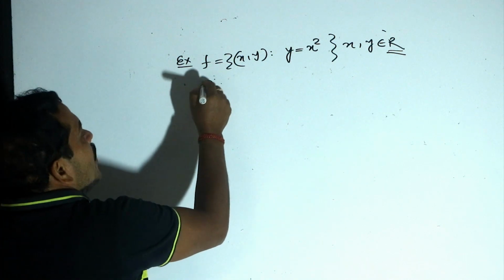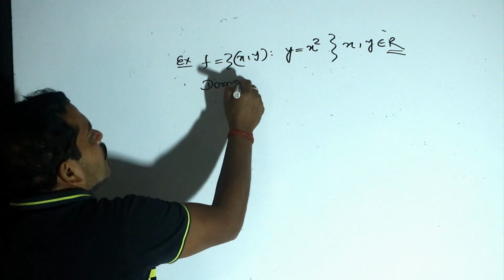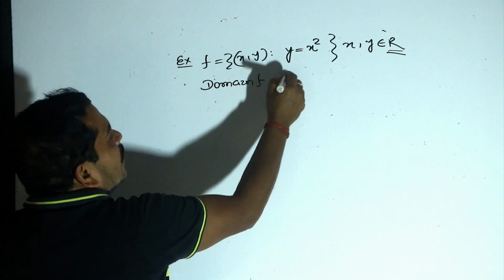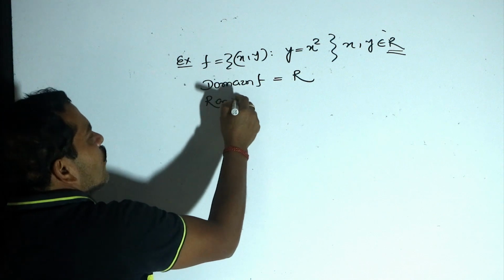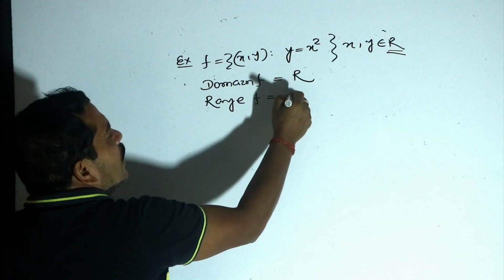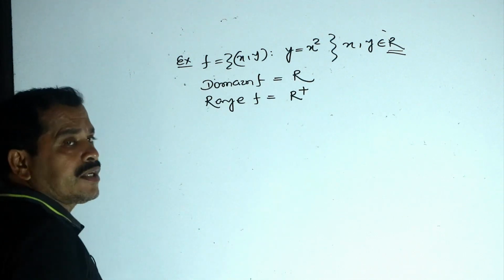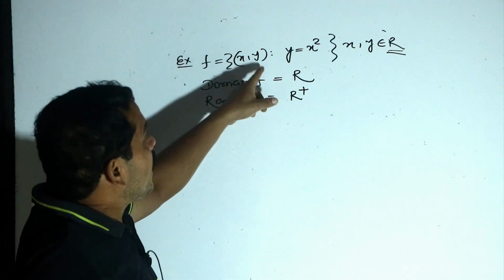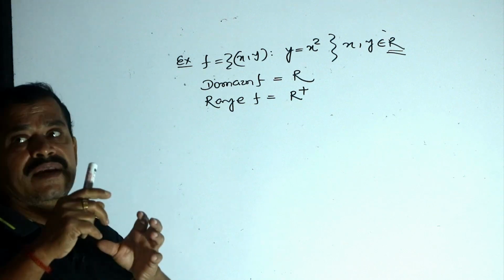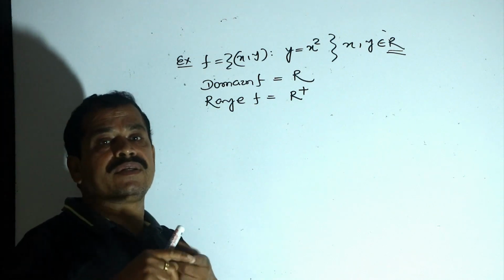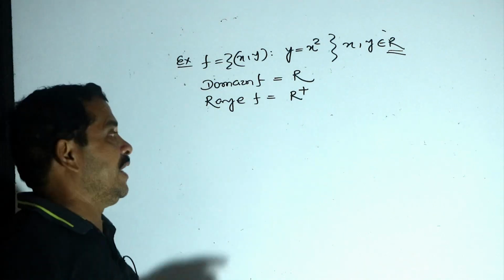Then what is the domain? Domain f will be any real number, but range f will be only positive real numbers, because the second element is the square of the first element, and a square cannot be negative.